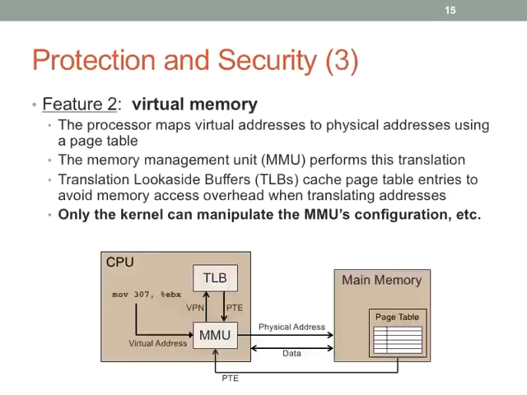Let's see, the second feature that must be provided is virtual memory. Again, you may recognize this picture from CS124, but we need some way of giving processes a virtual address space that we, as the operating system, get to control the mapping to physical address space. Okay? And so you have this component on the processor called the Memory Management Unit, MMU, and it takes addresses from programs and translates them in hardware into physical addresses that go to memory. And there is some mapping.